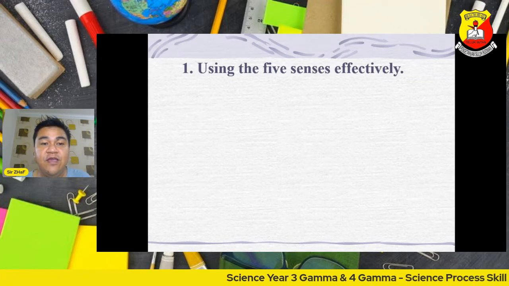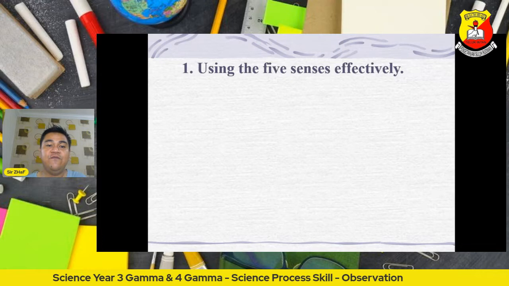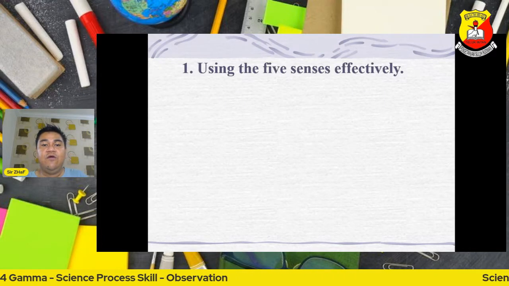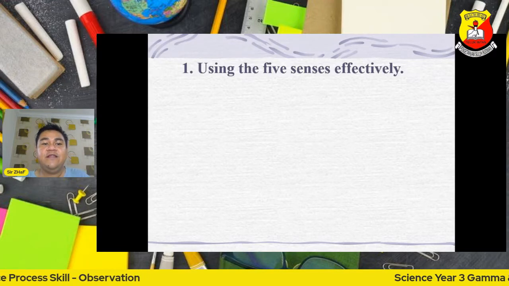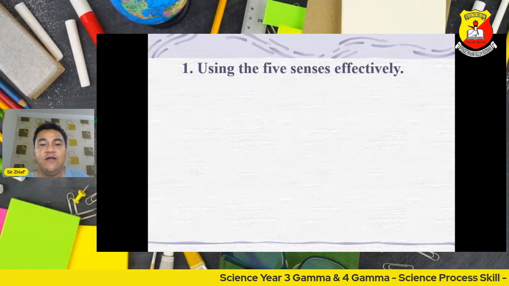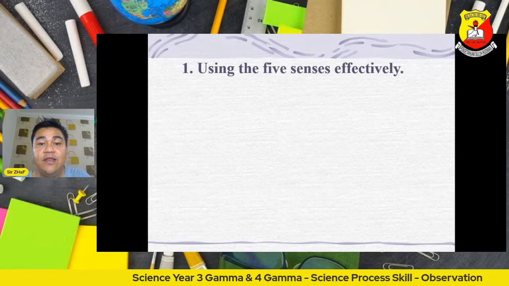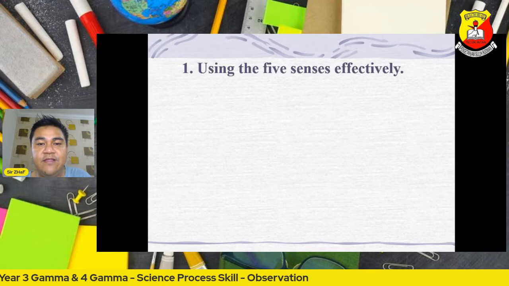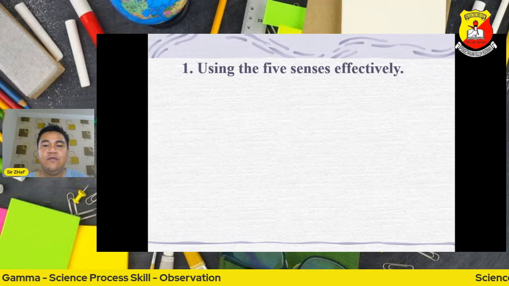Class, can you tell me what your five senses are? The first one is seeing, and the organ is the eyes. The second one is smelling, and the organ is the nose.